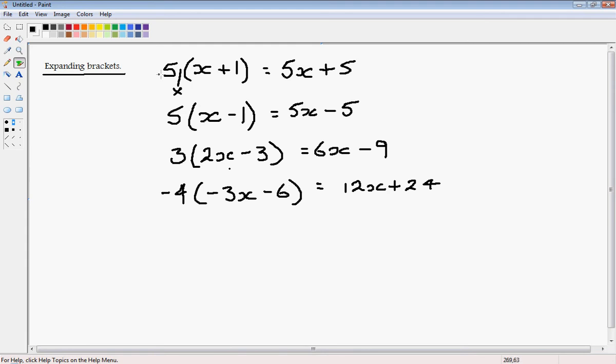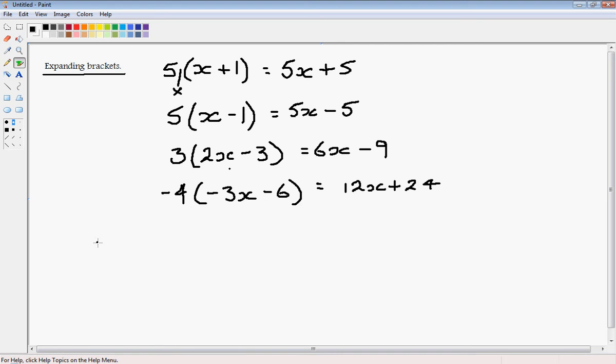Okay, so this is the rule, and when you see negatives, don't panic, just think I'm going to have to do this twice, once for the number and once for the signs.